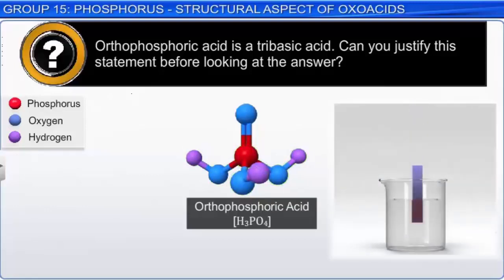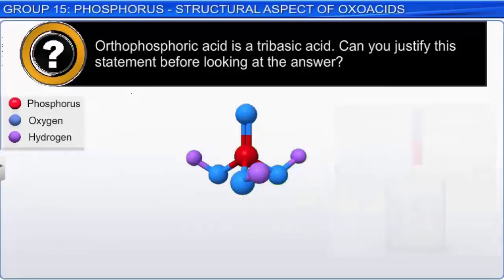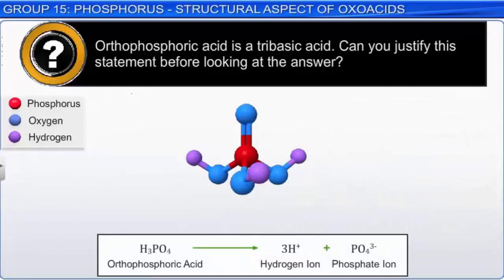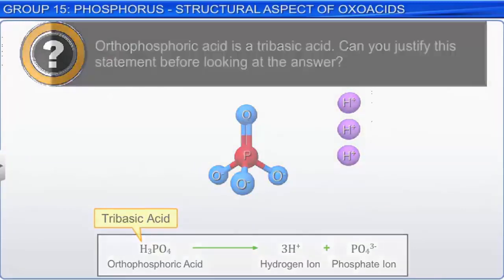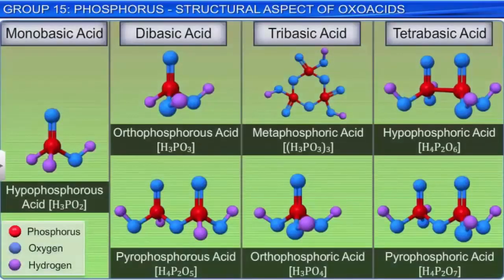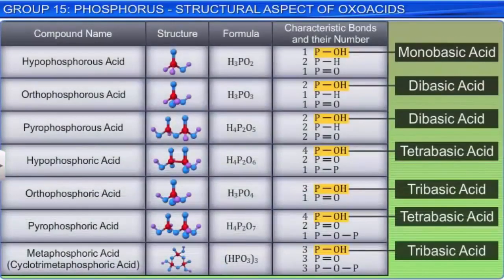From the structure of orthophosphoric acid, it is evident that it has 3 ionizable hydrogen atoms. Hence, it is a tribasic acid. Note the basicity of the remaining oxo acids based on the number of ionizable hydrogens that are listed in the table here.